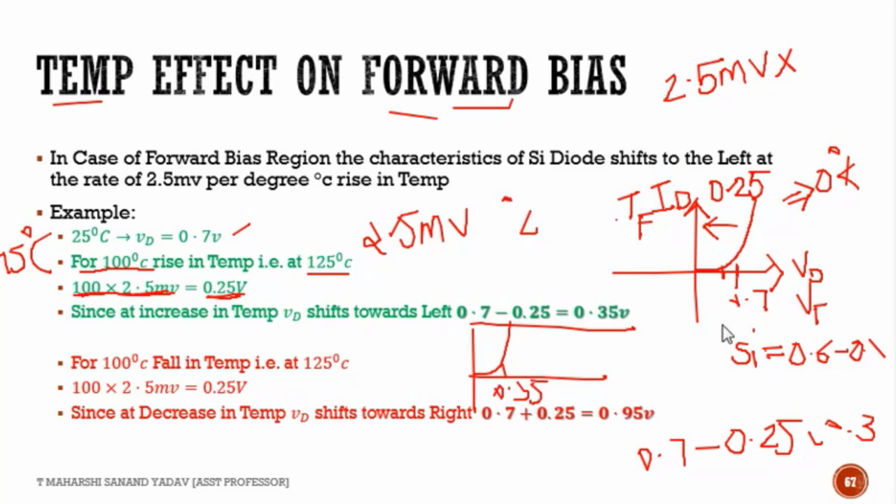Are you able to understand this? At 0 degree Kelvin I'm getting the barrier voltage in the range of 0.6 to 0.7. Now because of the 100 degree rise in temperature, the characteristics get shifted left at 2.5 millivolt per degree centigrade. That's why there is a decrease in the barrier potential. Now it is 0.35 only for silicon because of the increase in temperature, right?